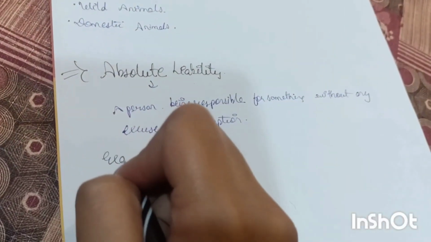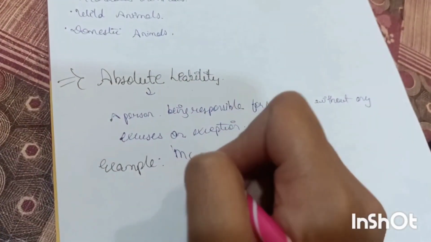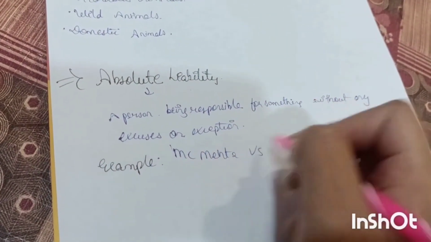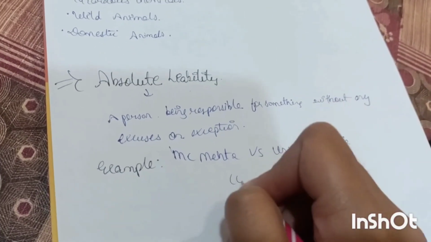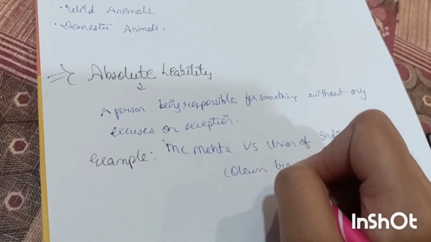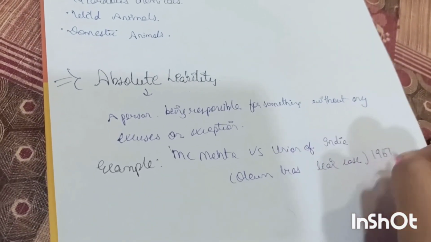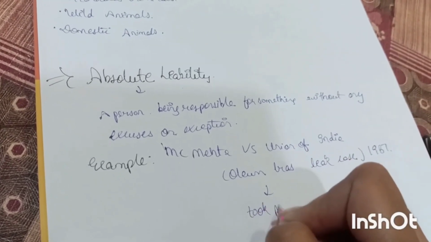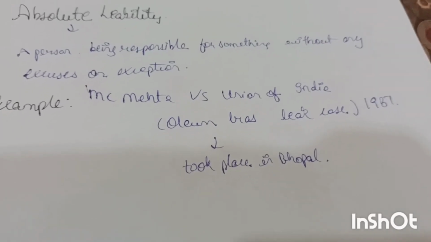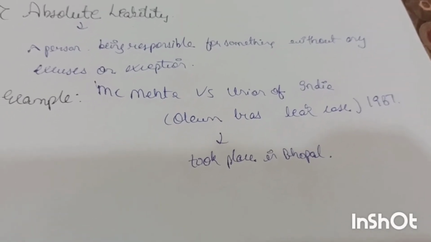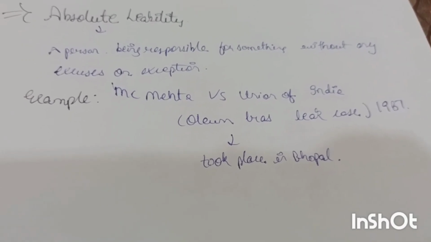You can take the example of MC Mehta versus Union of India, that is the oleum gas leak case of 1987, which took place in Delhi. Let's see what happened in this case. Oleum gas leaked from the plant, due to which many people were affected.